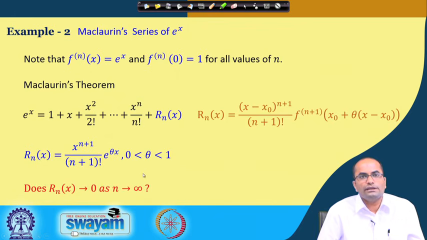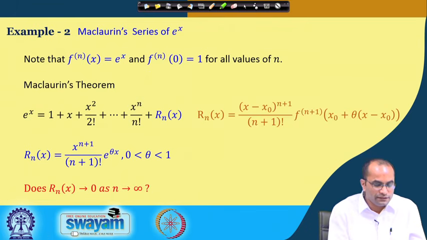Now we will see what happens to this R_n(x) as n goes to infinity. If R_n(x) goes to 0 as n goes to infinity, then we can write down the Maclaurin series of the exponential function.